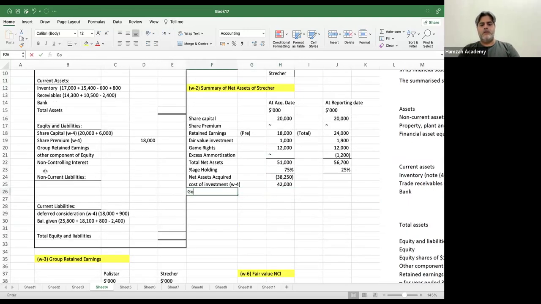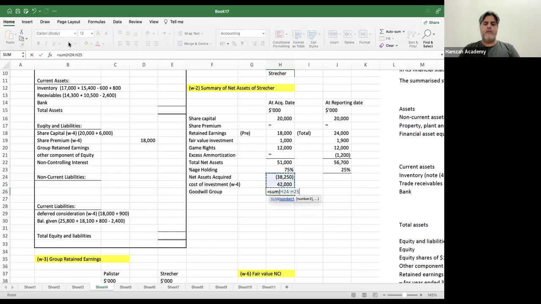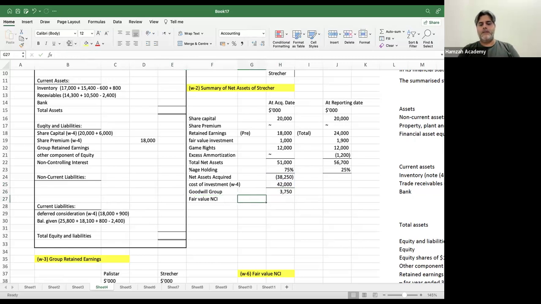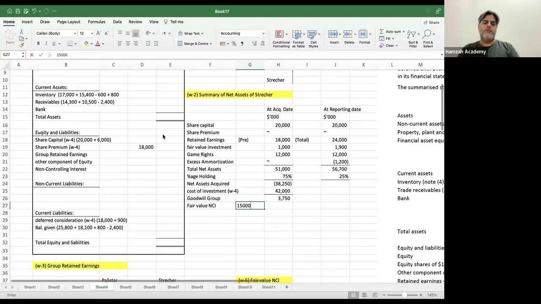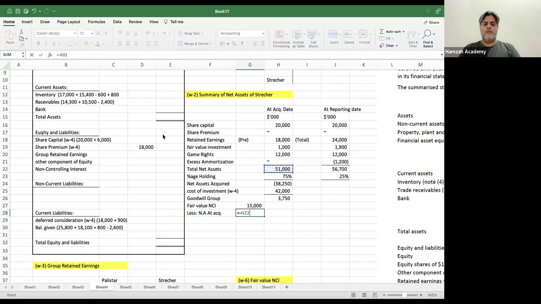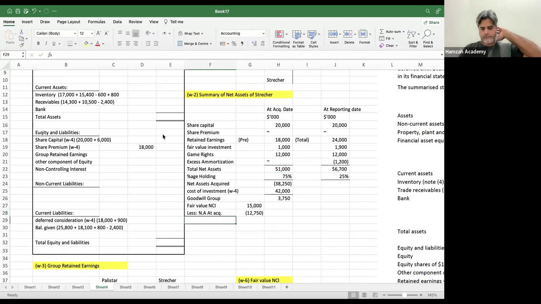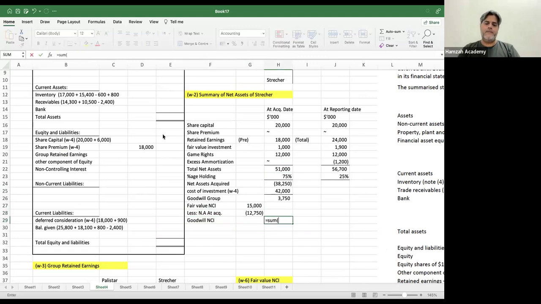So we have the goodwill group. Then we have the fair value NCI, 15,000 less net assets at acquisition into 25. So goodwill NCI, 2,250.